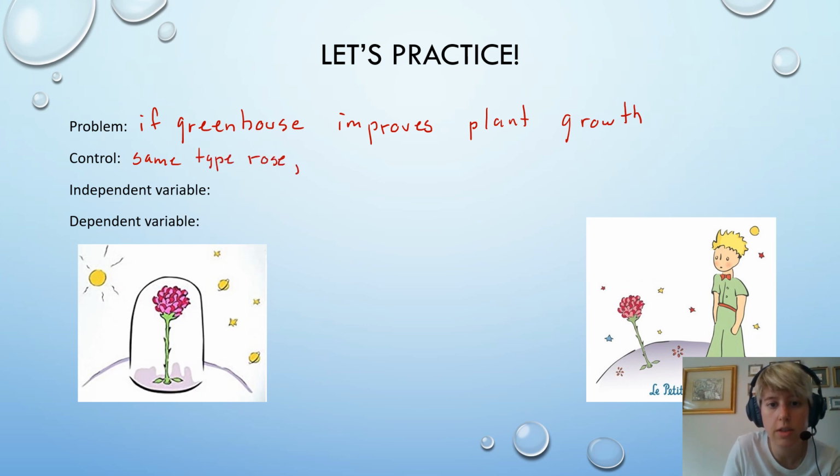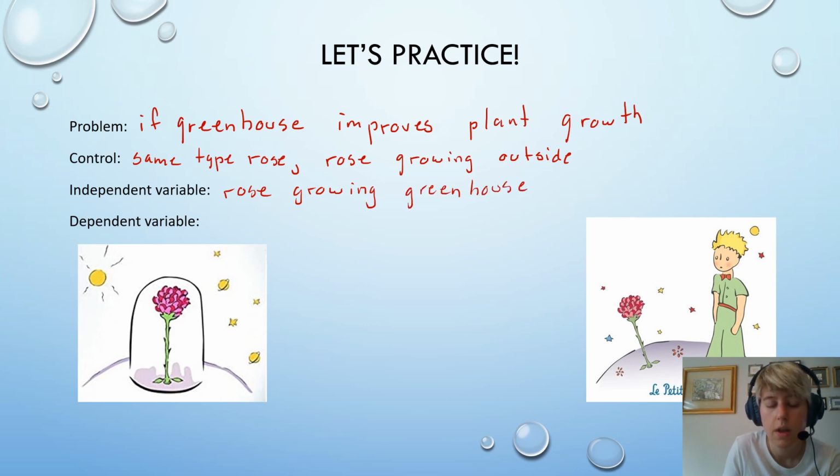And our control situation would be the rows growing outside. Our independent variable would be the rows growing in the greenhouse. And our dependent variable, well, what we're looking to see if there is an effect is the number of flowers on each row.